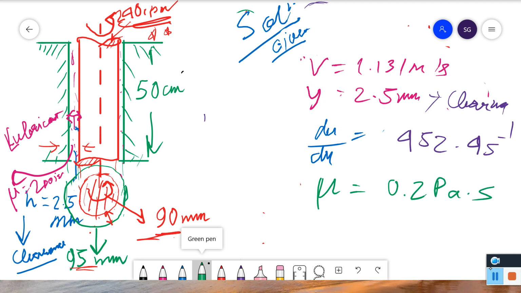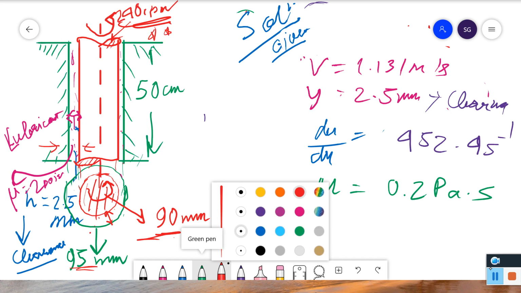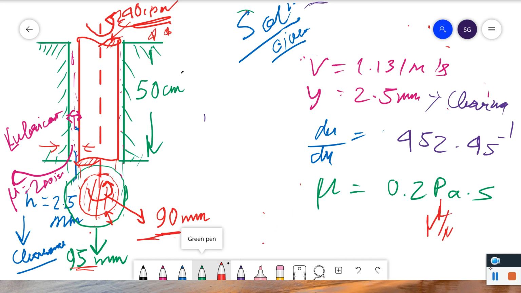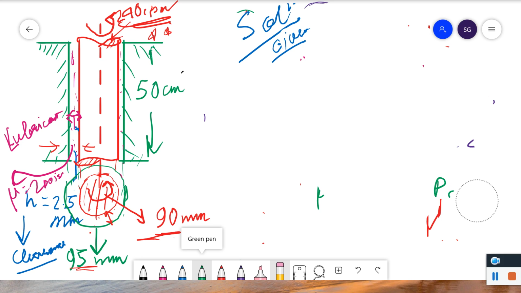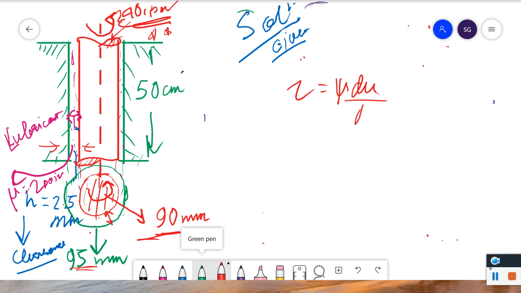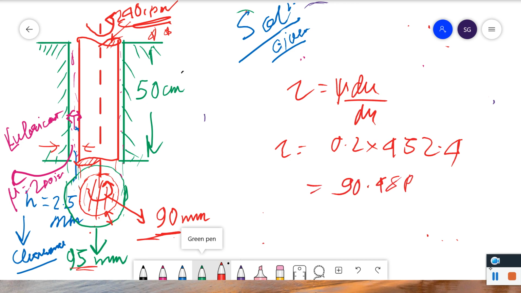Pa is nothing but Newton per meter square. So our answer would be tau is equal to mu du by dy. So tau is equal to 0.2 into du by dy, that is velocity gradient we have calculated to be 452 second inverse. That comes out to 90.48 pascals.